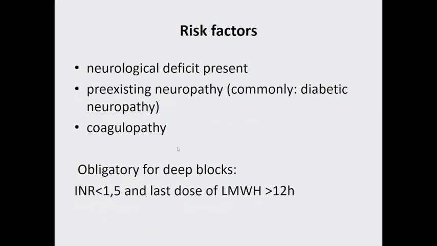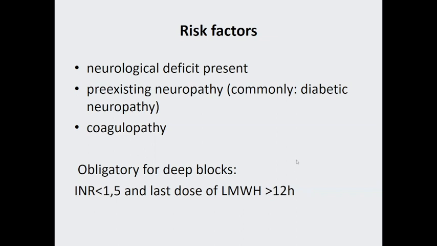Risk factors for complications: the previous neurological deficit, pre-existing neuropathy, commonly diabetic neuropathy, and coagulopathy. There's a risk of hematoma. For deep blocks, when the hematoma may have important meaning, we have to be sure that the INR, this is the parameter that shows us that the coagulation is fine, must be normal, and the last dose of low molecular weight heparin cannot have been given within 12 hours.